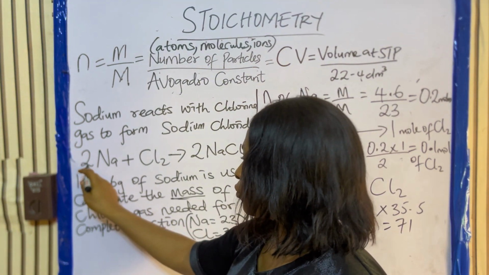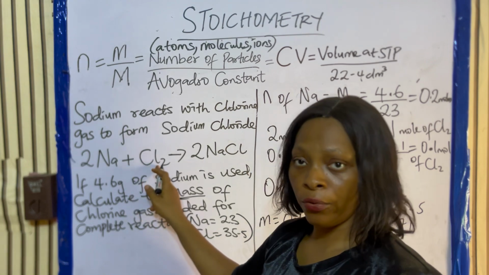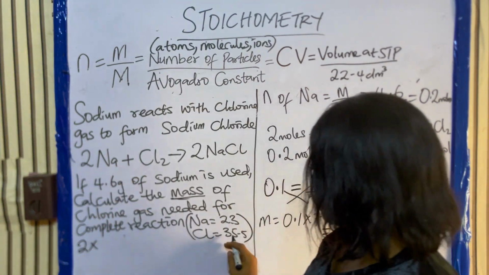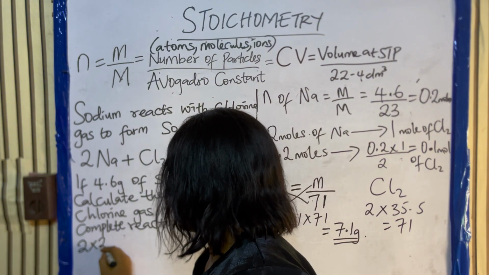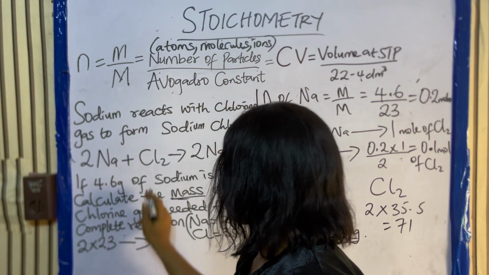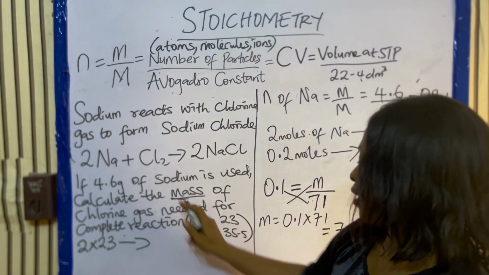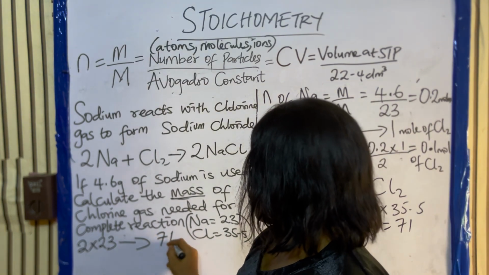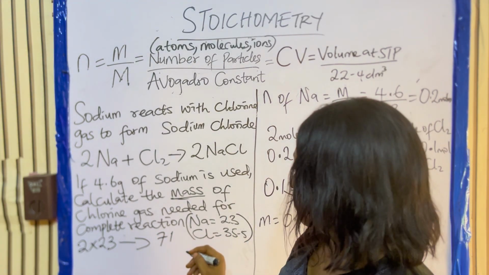So 2 moles of sodium gave us 1 mole of chlorine. 2 times the molar mass of sodium is 2 times 23, which will give us chlorine, 2 times 35.5, that will give us 71 gram.